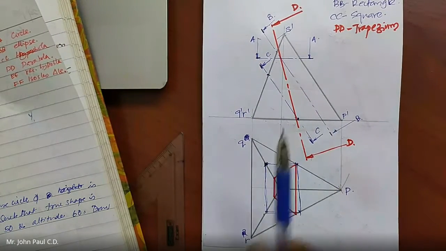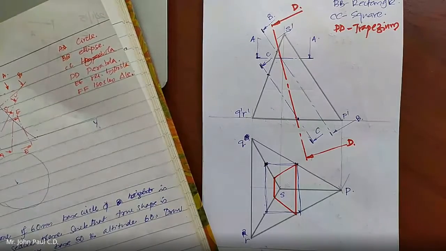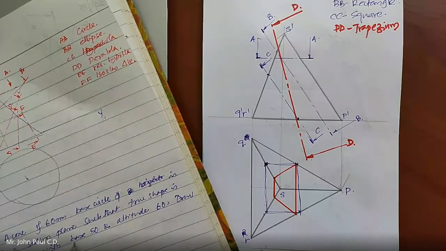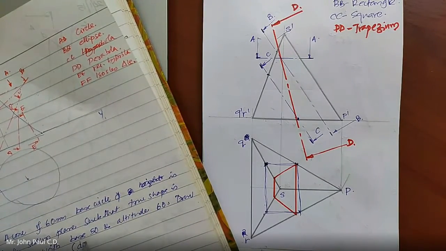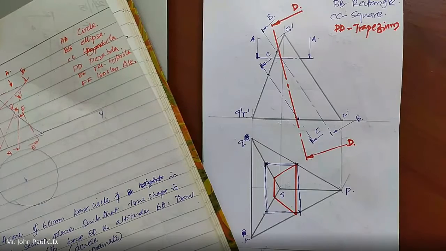You have written it like the parabola of base 50 mm and altitude 60, right? Yes, sir. So the base is 50. You write something in brackets as a double ordinate. It's the actual technical term. Double ordinate is 50.